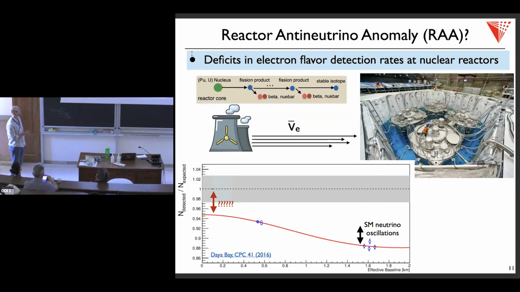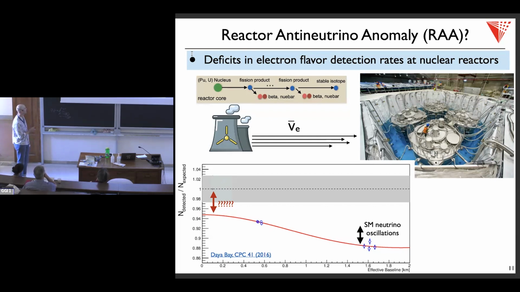If you compare measured neutrino rates at the near and far detectors to a prediction based on the nuclear physics happening in the reactor and 1 over r squared, because they're emitted isotropically, you see a relative deficit at the far detector. That is electron antineutrino disappearance, theta 1,3 mediated standard model oscillations.